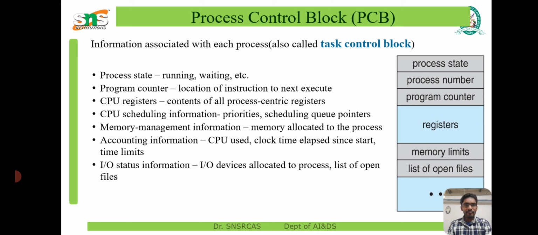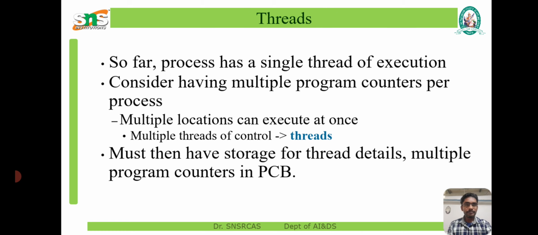And the accounting information is like the clock or time elapsed, or when the process started, and so on. And input output status information is which devices are associated with each and every process, and which input output devices each process has to wait for.